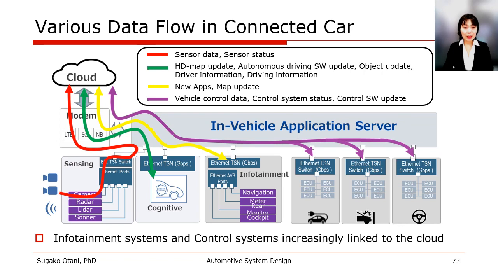From the sensing domain, sensor data and the sensor status are sent to the cloud as big data. In the cognitive domain, autonomous driving software is downloaded from the cloud to install state-of-the-art algorithms. Between the control domain and the cloud, some vehicle status information is shared, which is reflected in reliable and safe driving. As you see, connected cars provide a safe, comfortable driving experience, but we have to consider security threats at the same time.